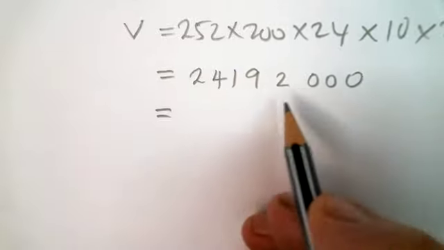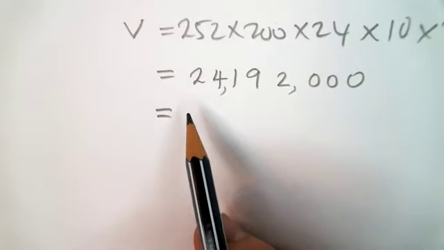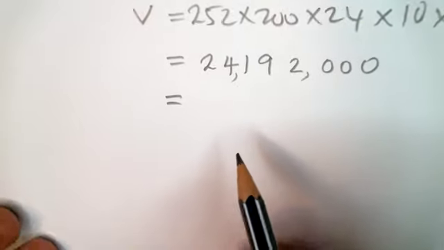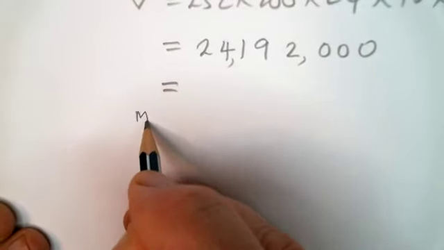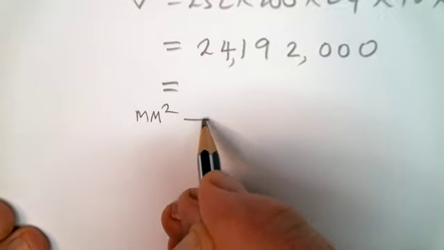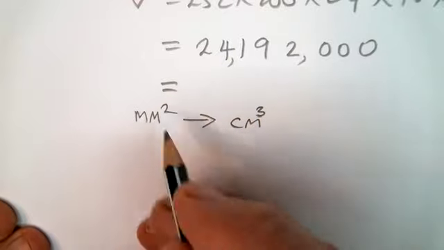I'll put some commas here. No, we don't use commas. But this is the important thing to realize when we're changing cubic millimeters to cubic centimeters. Sorry, these are meant to be cubes.